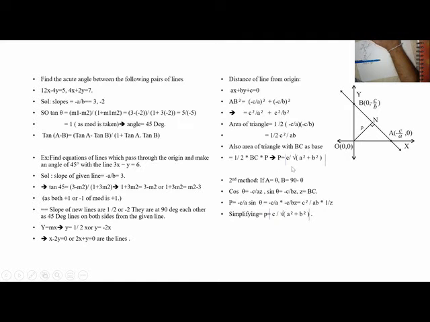Now the second method. Let this angle be theta. Then this is 90 minus theta. So what is cos theta? Cos theta is equal to this by Z. In triangle OAB, cos theta is equal to minus C by A into 1 by Z, minus C by AZ.